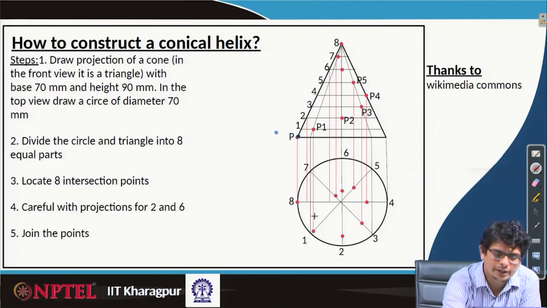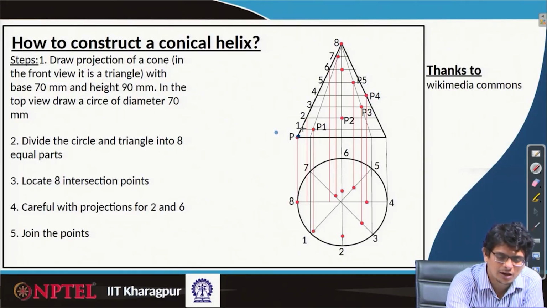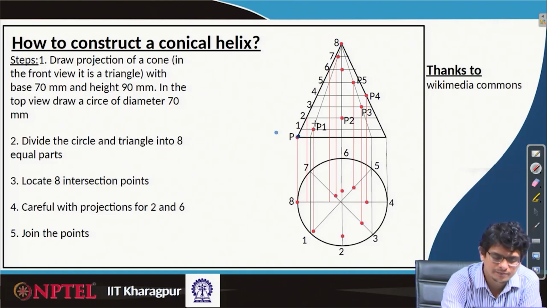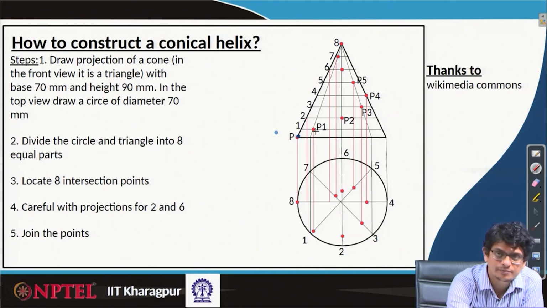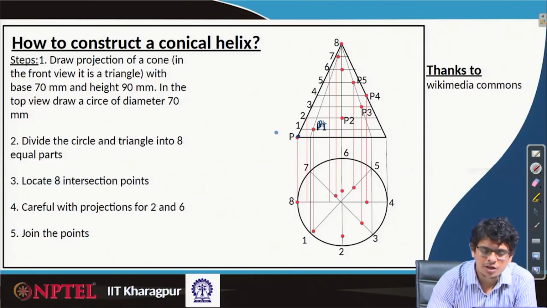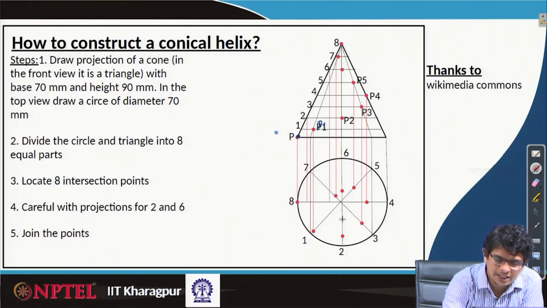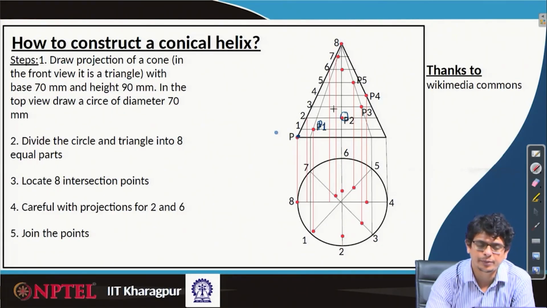Similarly, the intersection of this one equal division line and the line which is passing through one point is also going to make a point P1. Once it is done, from 2 extend a line, and a horizontal line where it is going to intersect, locate point P2.